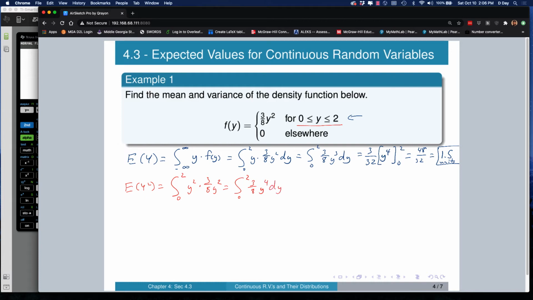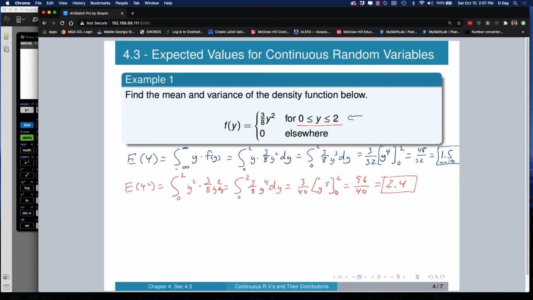I forgot my dy there. All right. So when we integrate that, y to the 4th becomes y to the 5th over 5, and 1/5 times 3/8 gives me 3 over 40 times y to the 5th, evaluated from 0 to 2. And 2 to the 5th power is 32 times 3 gives me 96 over 40. And if we simplify that a little further, we get 2.4.